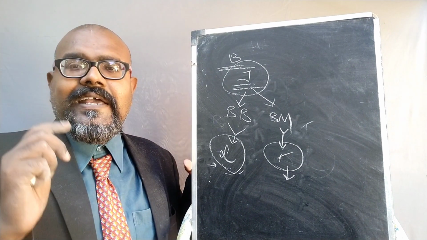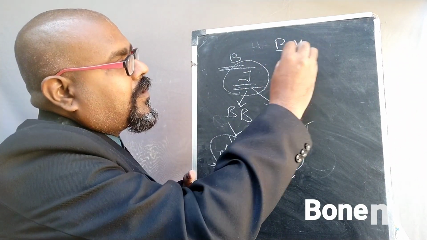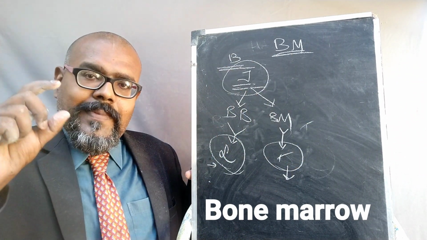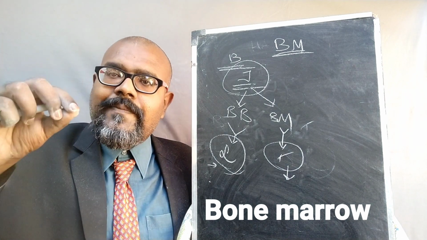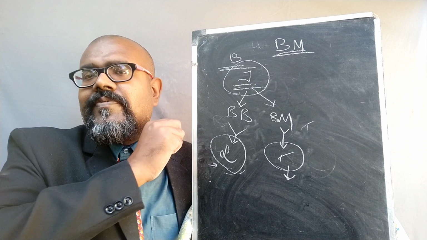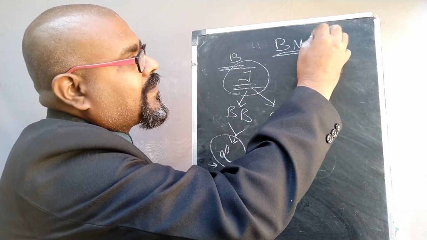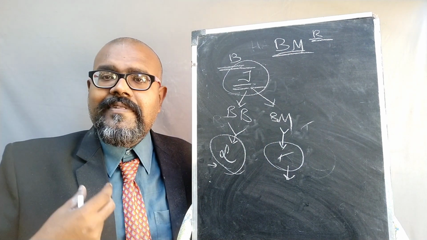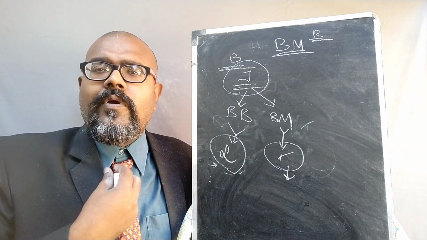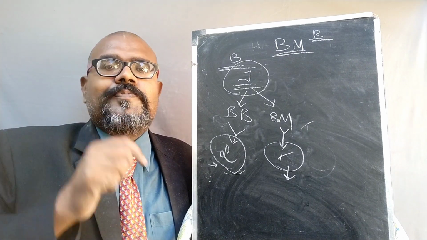Then the next thing we are importantly discussing is the bone marrow. See, bone marrow is present inside the bone, of course, we all know that. Especially it is present in some of the bones. That is your ribs, in the sternum region, which is a flat bone. Inside the flat bone, inside the ribs, bone marrow is present.